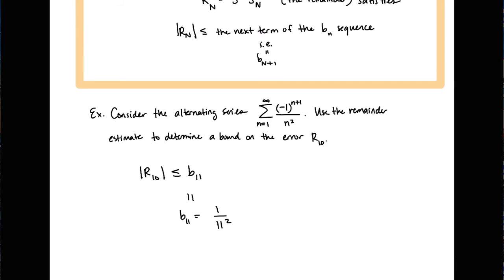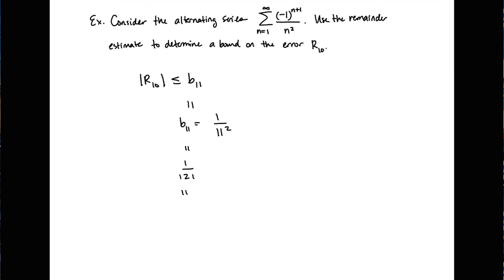So I ignore the (-1)^(n+1) part because that's alternating. The rest of the sequence is 1 over n squared. And then I plug in the 11, and that is 1 over 121, which is approximately 0.008265 if we need a decimal form. So our remainder will be less than or equal to 0.008265.